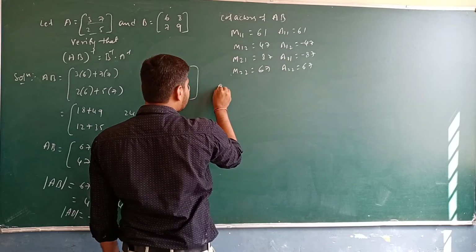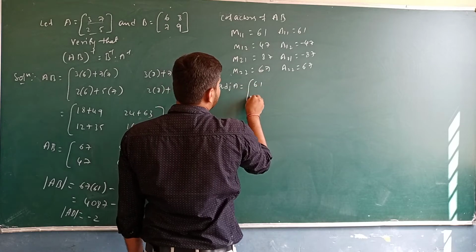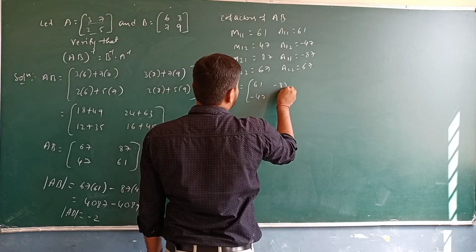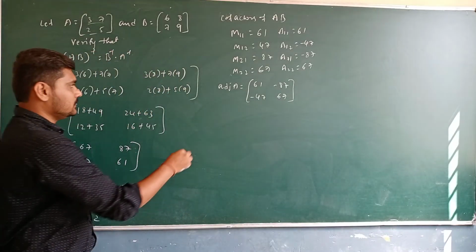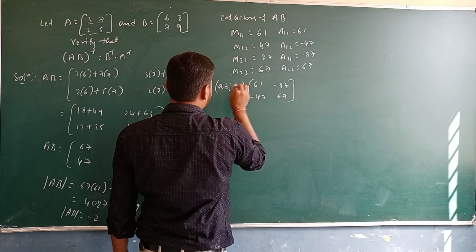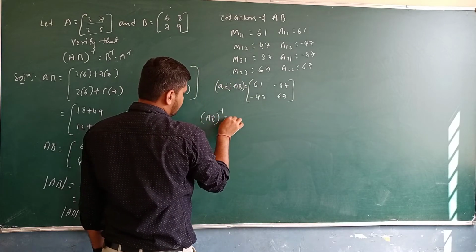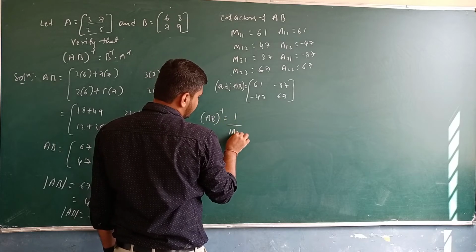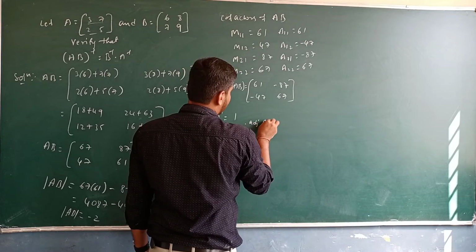Then adjoint of AB is equal to 67 minus 47 minus 87 67. Then AB whole inverse is equal to 1 divided by determinant of AB into adjoint of AB.